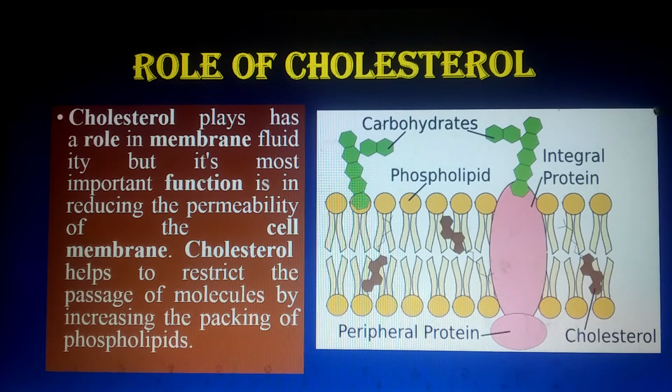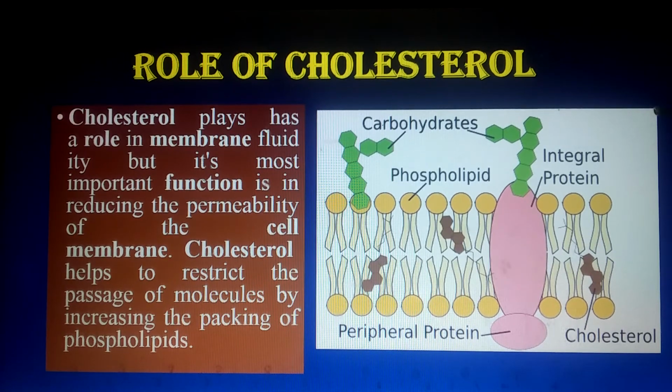So cholesterol has a role in membrane fluidity. Actually, cholesterol provides stability to the cell membrane, fluidity as well as stability. But its most important function is reducing the permeability of the cell membrane. Cholesterol helps to restrict the passage of molecules by increasing the packing of the phospholipids.